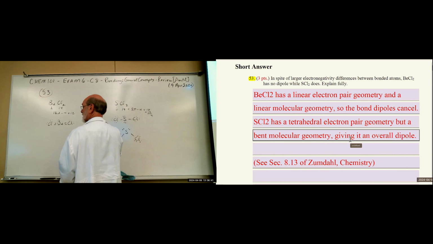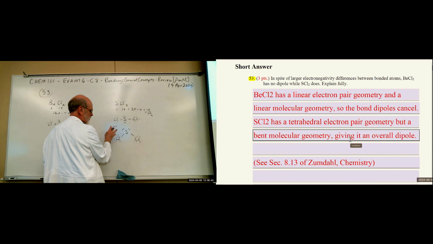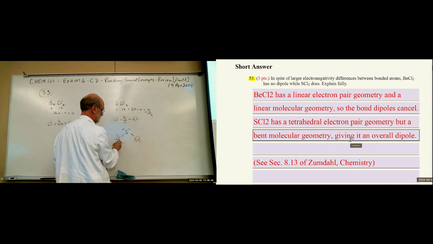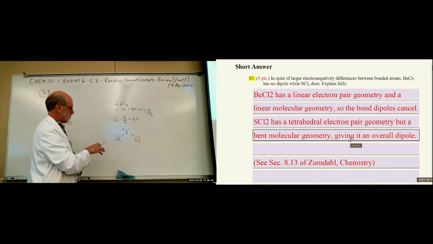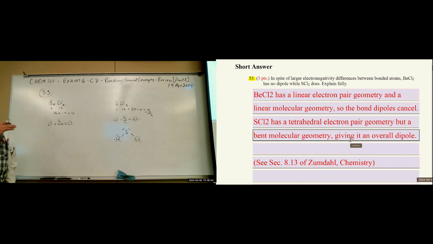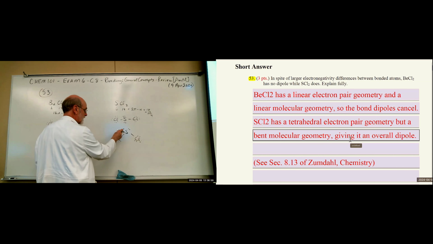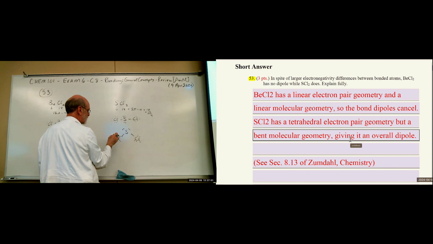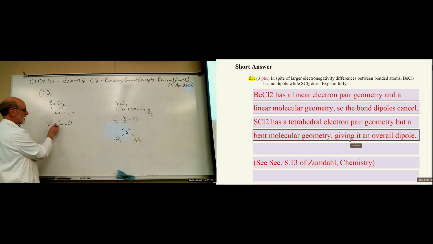And we're going to have chlorine. This is the one that we weren't sure about. It's definitely polar. Because even though it's a tetrahedral electronic structure, it's a bent molecular structure with unbalanced polarity. So this one's polar because it has these electron pairs, whereas this one does not have any unused electron pairs. It's linear. So the electronegativity, this direction and that direction, cancel one another out. This is non-polar.